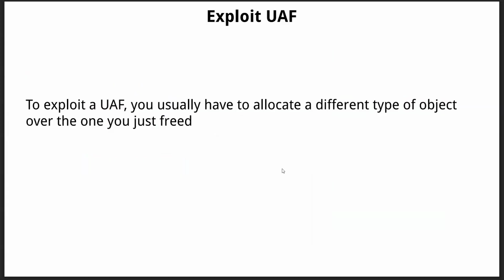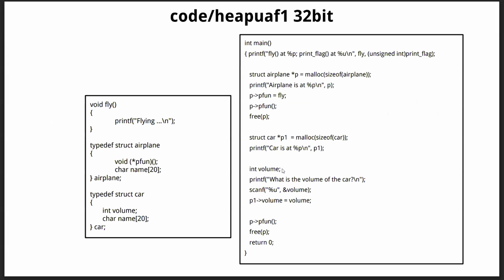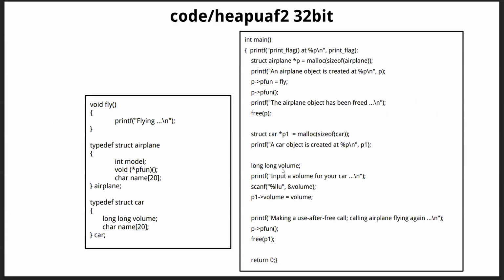To exploit this, usually you need to allocate a different type of object over the one you just freed. But their size should be the same or similar, so you know where that object will be allocated.